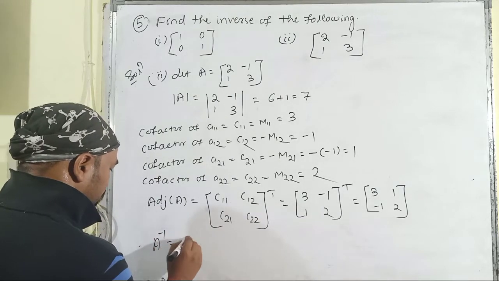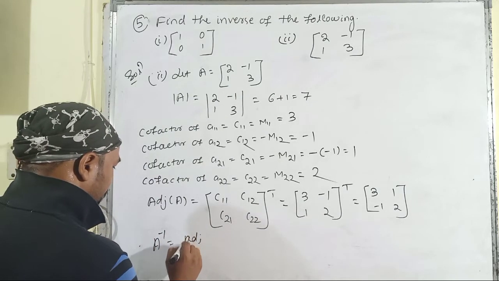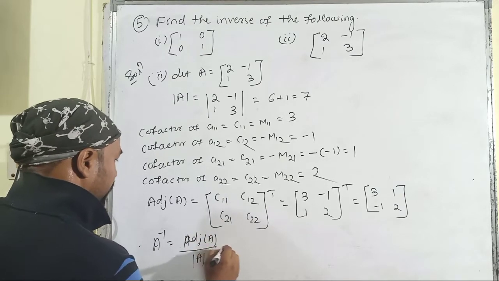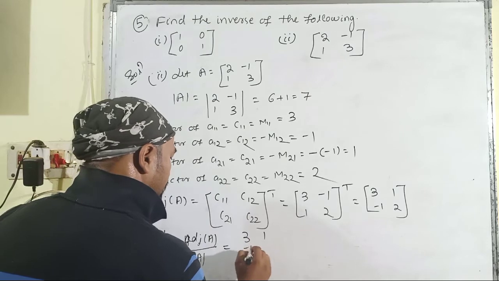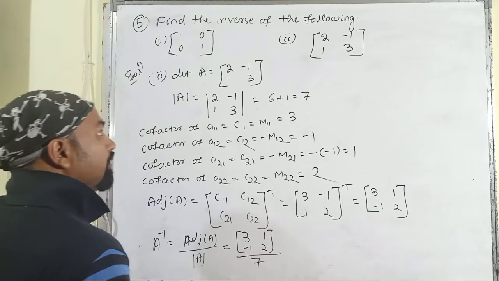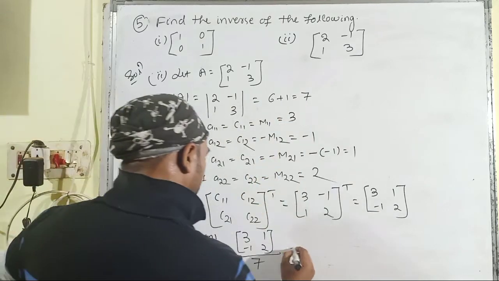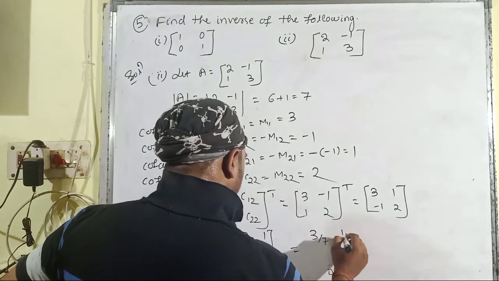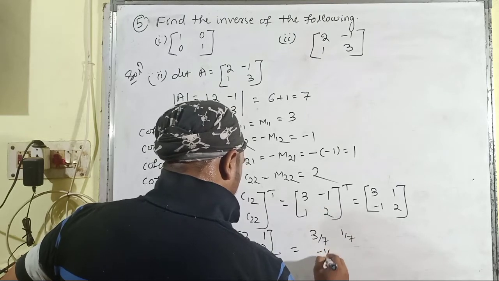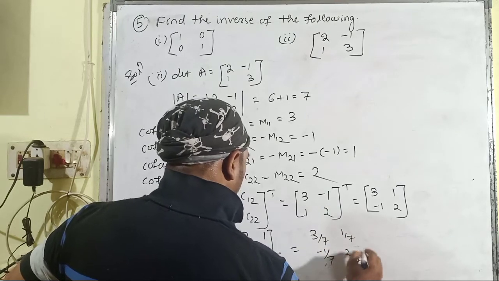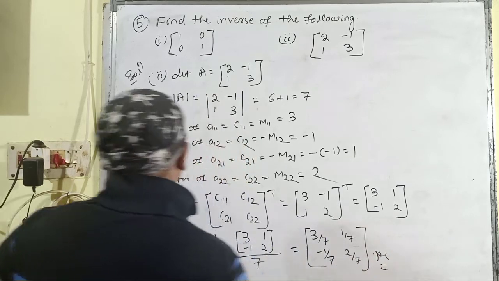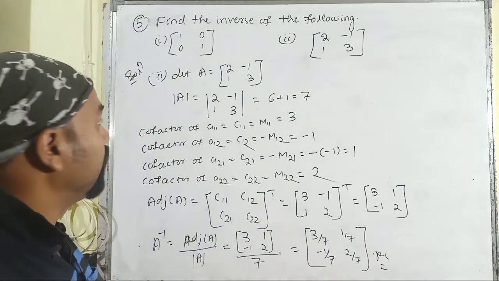Then A inverse is defined as adjoint of A divided by determinant of A, which is equal to [3 1; -1 2] whole divided by 7 here, because the determinant value is 7 here. So the answers will be 3 by 7, 1 by 7, minus 1 by 7, and then at last 2 by 7, which is the solution for the second bit of number 5.